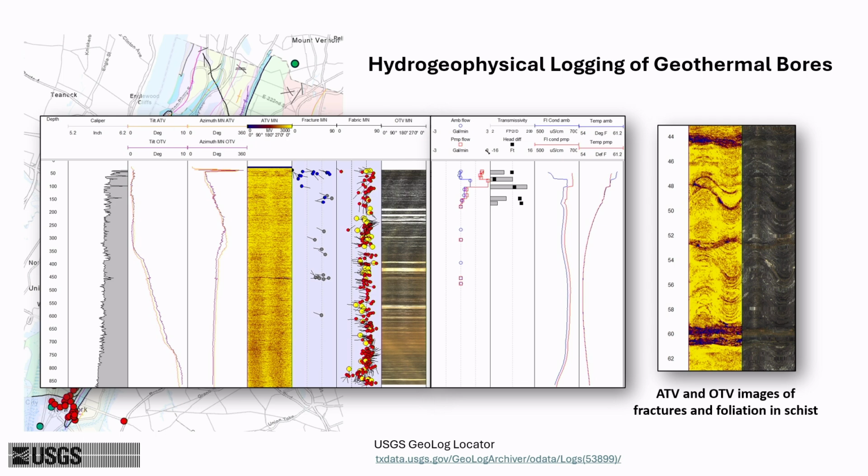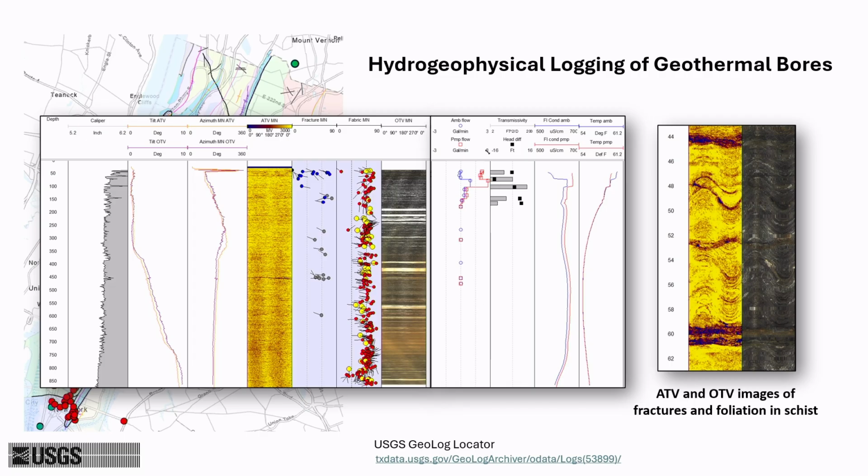We then also do flow meter testing of these boreholes under both ambient and pump conditions. And the flow meter that we use also has built in fluid conductivity and temperature measurements, so we can get all those at one time.